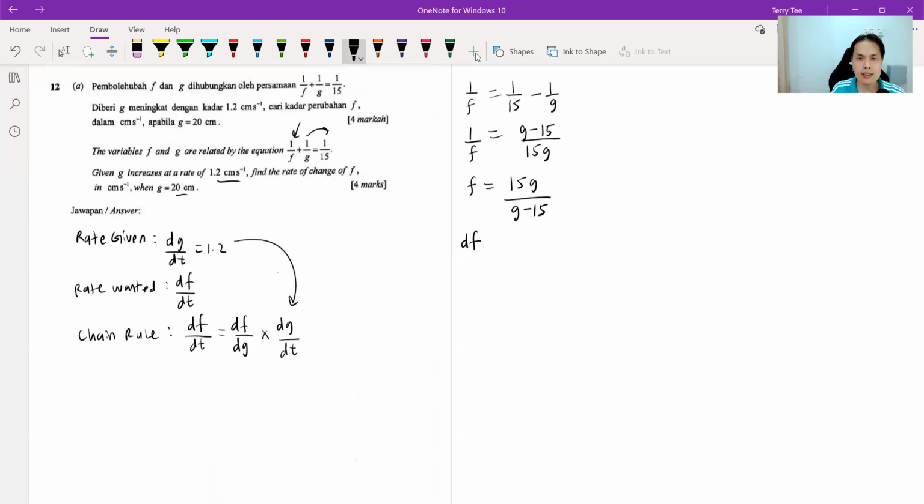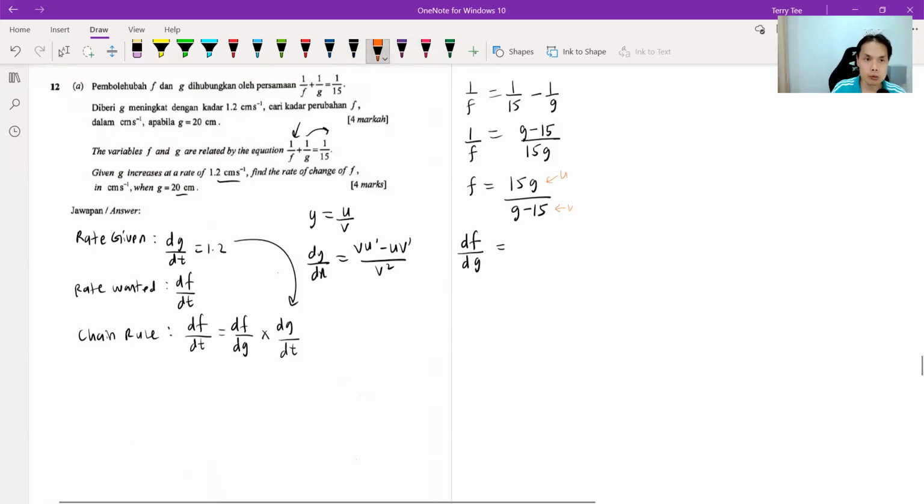Now, here, remember, this is involving the quotient rule. For example, given y equals u over v, when you differentiate dy/dx, we write (vu' minus uv') over v squared. My v is my denominator. U is my numerator.